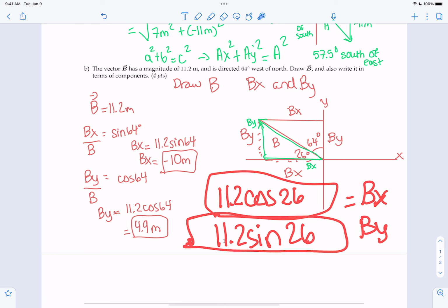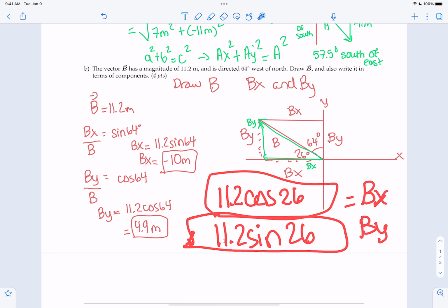And once again, whether you have negative or positive for your bx or by is going to be determined by the cardinal direction that you're in. So if you're west of north, well, west is negative x, right? And north is positive y, right? So that's going to be like your sanity check there.